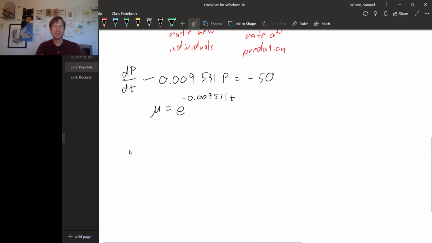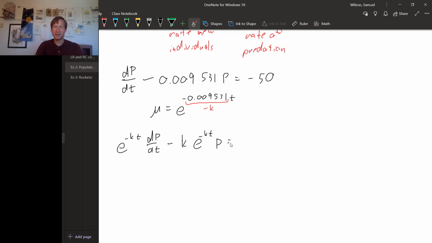So multiplying the equation by that, just to save a little time, I'm going to name this constant minus k. And then at the end, we can write it out again. I just am getting tired of writing out all these decimals. So multiplying everything by mu, we get e to the minus kt dp dt minus k e to the minus kt times p equals e to the minus kt times minus 50.